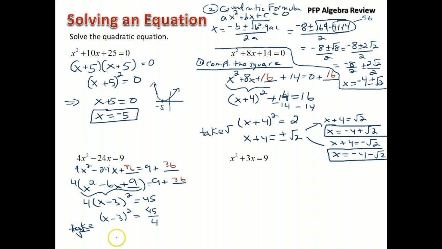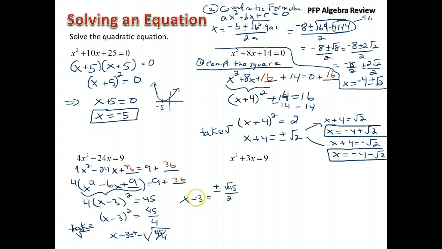And we have x minus 3 is equal to plus or minus the square root of 45 over 4. And so x minus 3 is equal to plus or minus the root of 45 over 2.